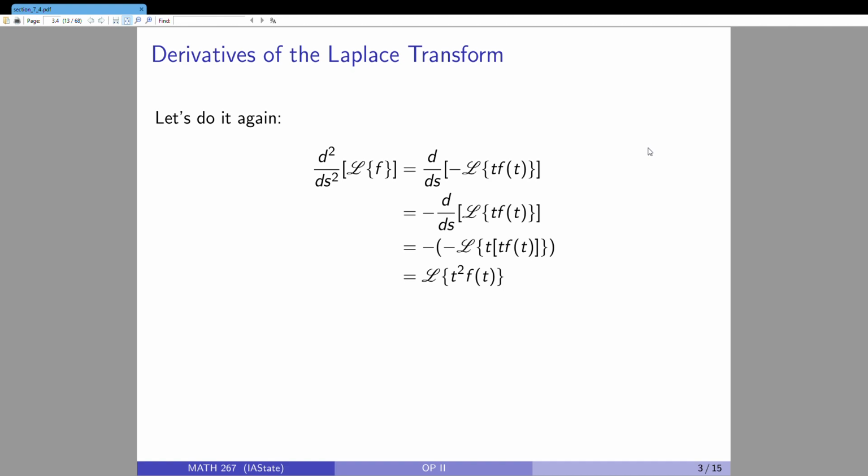Alright. So, nothing's stopping us from doing this a third, a fourth, a fifth, a sixth, a seventh, an eighth, and so on and so forth. So, in fact, you can verify that the nth derivative of a Laplace transform will satisfy this. Okay, and now note, I rewrote it in a different way. I rewrote it specifically saying that t to the n times f of t, that behaves nicely, right?